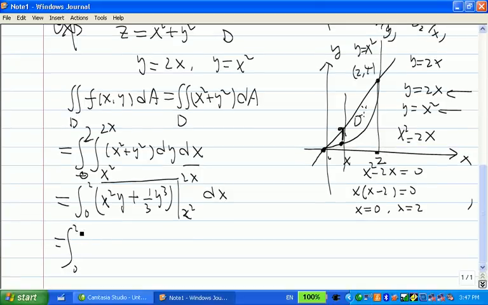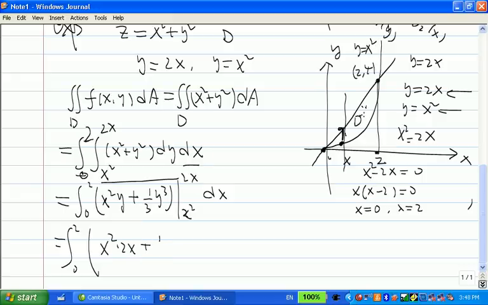Okay, 0 to 2. Now here you have to be careful. We're going to replace something by 2x and subtract something replaced by x squared. So we have x and y here. Which one should we replace by 2x? Since this is an integral about y, whenever you see y, you replace it by 2x.